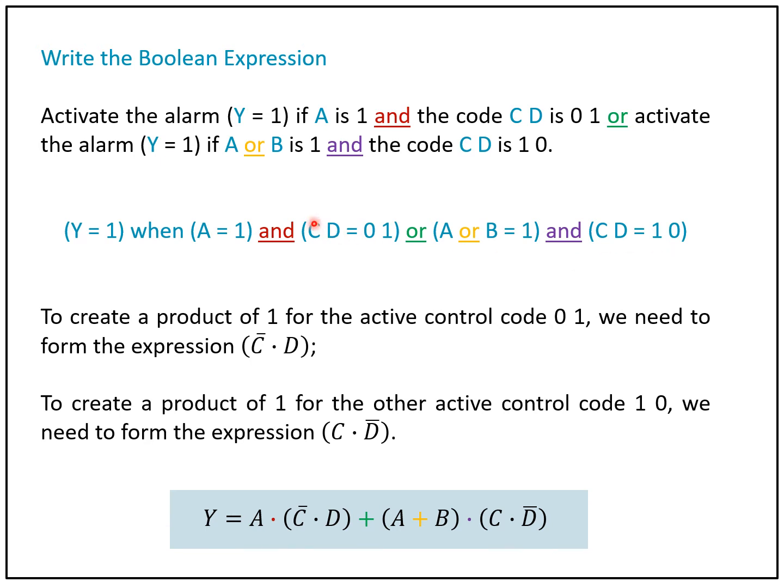However, in order to give a value for active state 1, CD 0, 1, to make it equal to 1, the best way to do it is to use this expression where you are inverting the C. In this case, the C had a value of 0. When you invert it, it becomes 1.